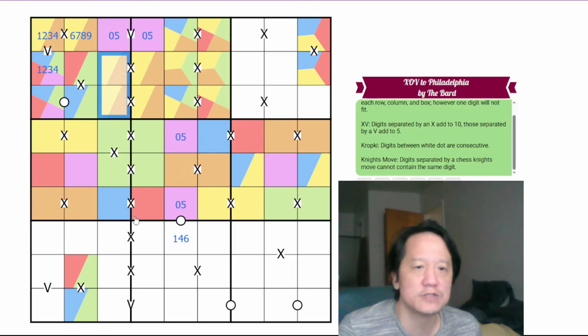So this adds up to 10? Because this adds up to 10 also. Interesting. And then this can't be pink, obviously.